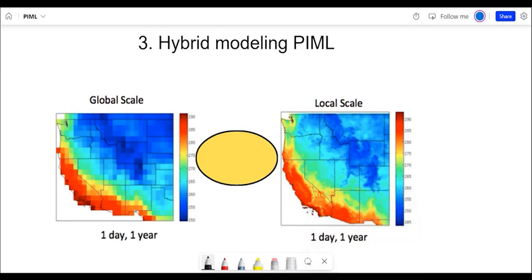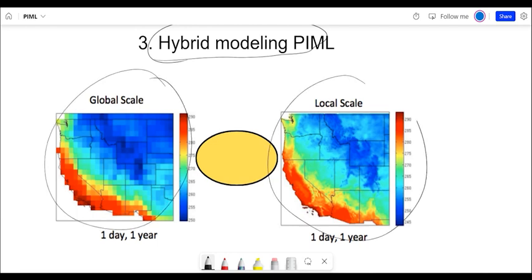The third type of physics-informed machine learning is hybrid modeling, in which we need to combine physics-based models and machine learning models to create a unified framework. For example, climate models based on first principles are computationally expensive and may not capture fine-grained details. On the other hand, machine learning models can be more computationally efficient but might lack physical interpretability.